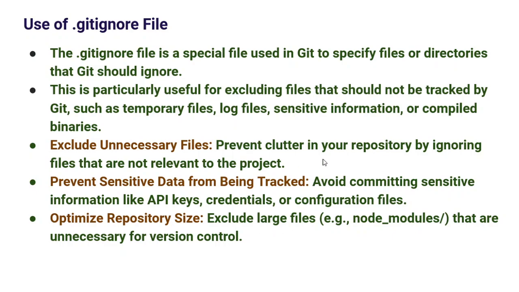That might contain some large files which will unnecessarily increase the size of our repository. So we can take the help of the .gitignore file to tell Git which files should not be tracked or which files should be ignored while performing different Git operations.